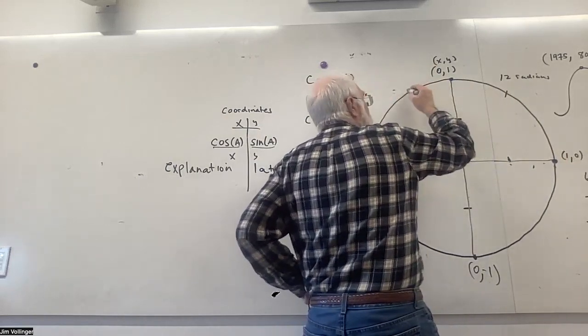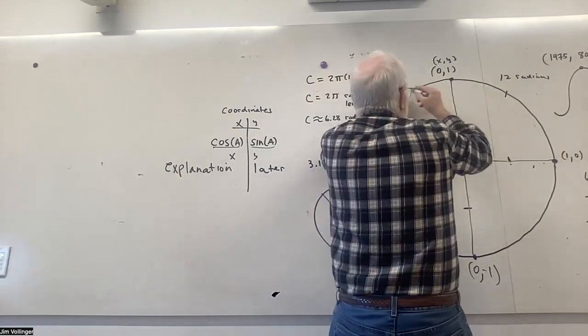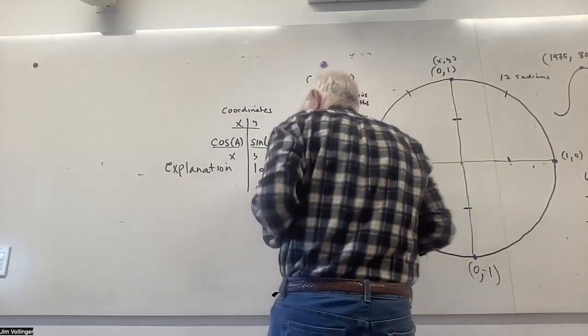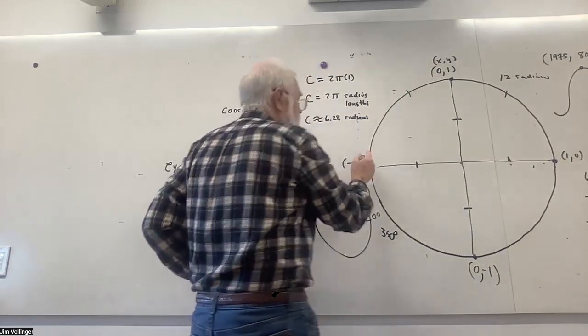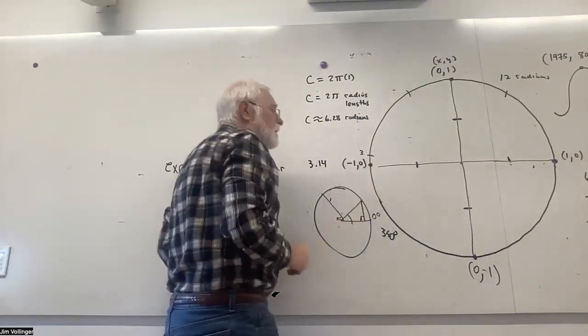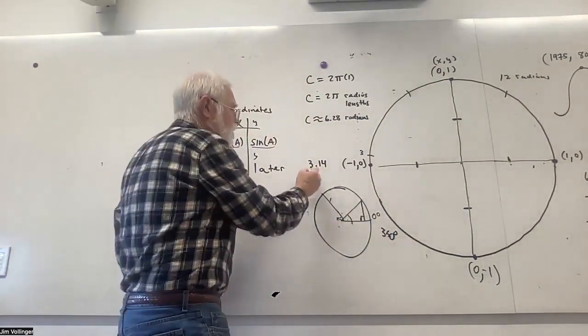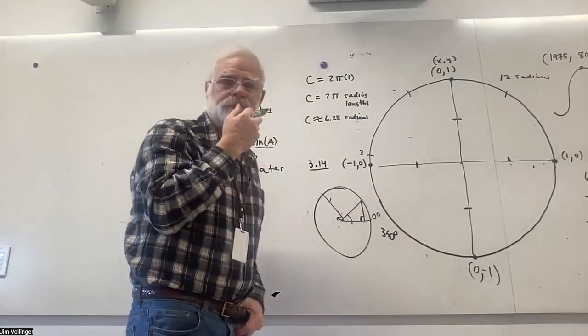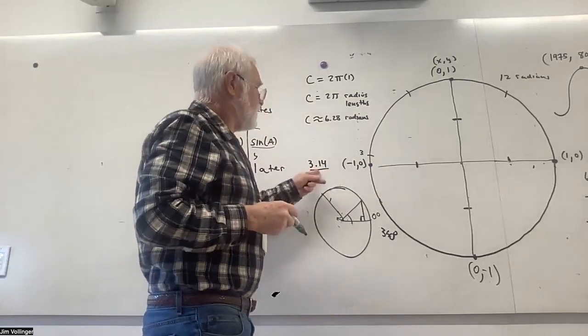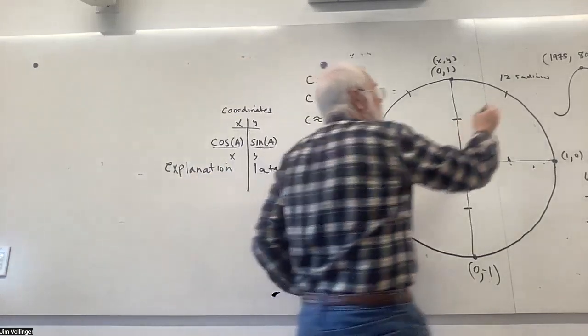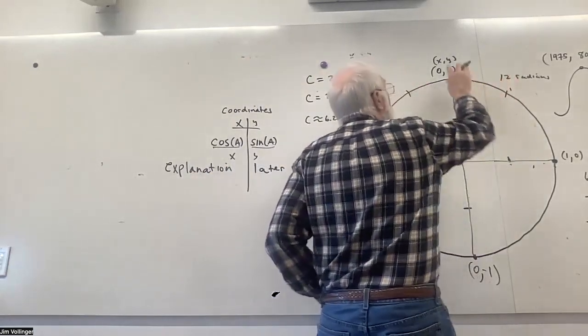And over here would be 2. I should have a string or something to do a better job. And over here would be 3. And I hope you're anticipating 3.14. So if that's 3.14, 1 radian is about here.